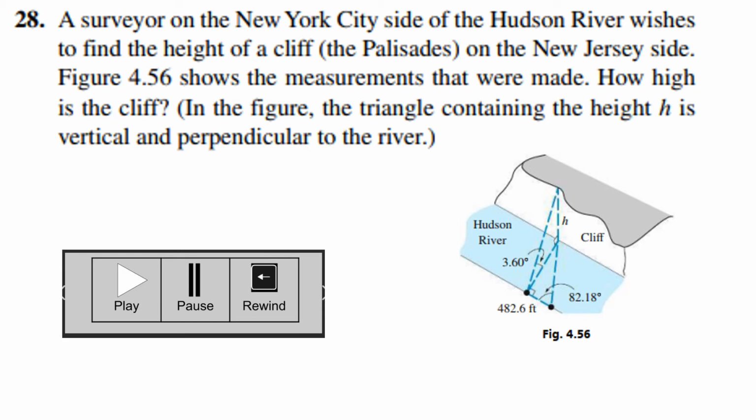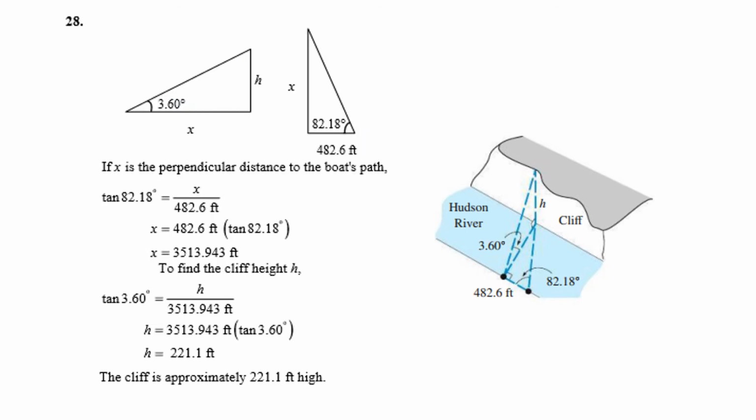Let's see how you did. Well, what we're going to do is begin by saying if x is the perpendicular distance to the boat's path, we say that x over 482.6 is equal to the tangent.